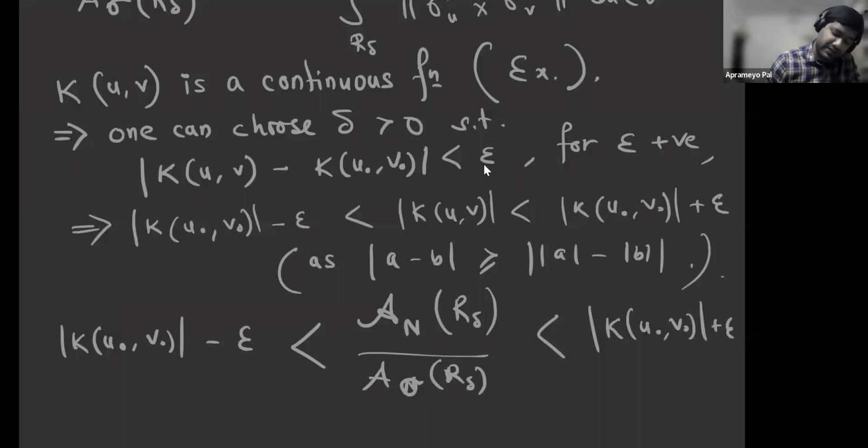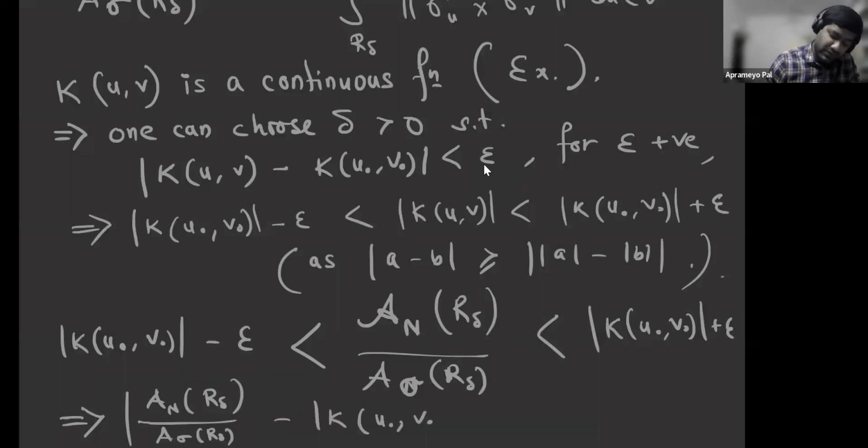So if you take the limit, this implies that mod of area of G of R delta divided by area of sigma of R delta minus mod K(u0,v0) is less than epsilon. So we are done. Essentially it converges to mod K. The limit exists, and then we are done.